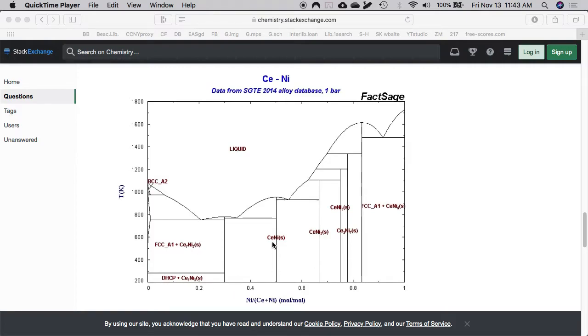Here's a compound, and when those fit together in a certain ratio, it's stable, which makes it harder to melt, so there's actually a bump, and the melting temperature is higher in that region.